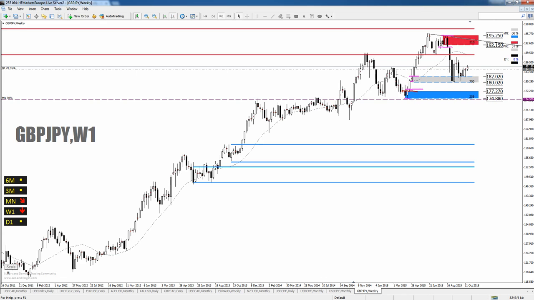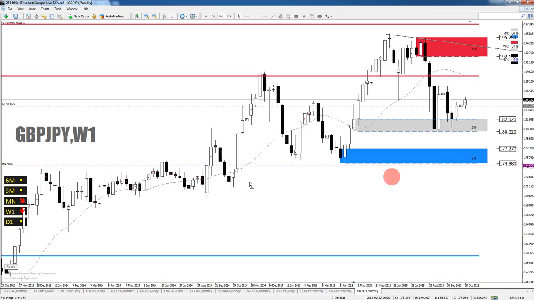But remember what we were talking about before. Once we are around there, this is just too low. Looking to short there is not a good idea, because we are within the range of attraction of this area of demand, very low in the curve.